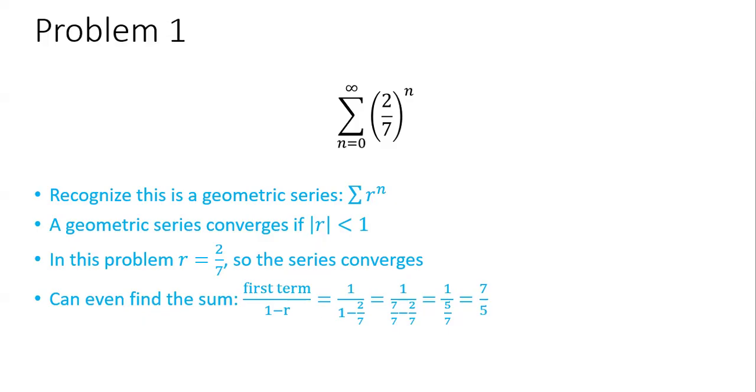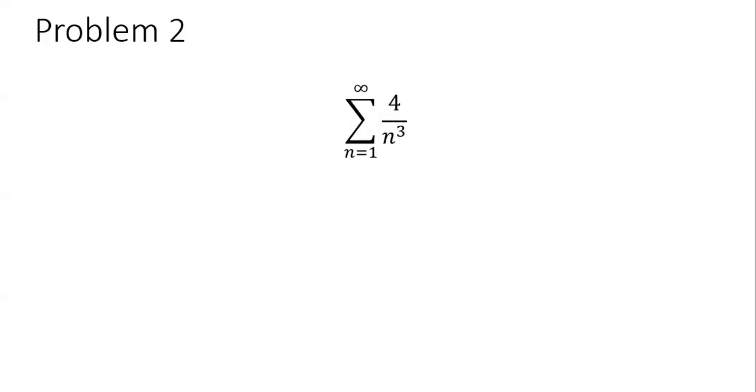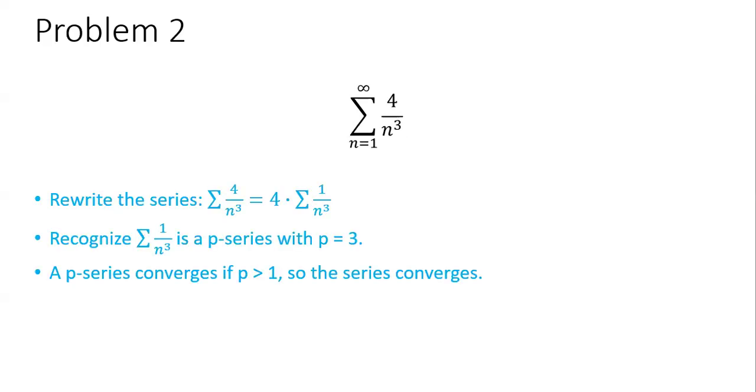Okay. Number two, does this series converge or does this diverge? Summation as n goes from 1 to infinity, 4 over n cubed. Okay, hopefully you tried it yourself. This one's hopefully pretty simple. We can rewrite the series as 4 times the summation of 1 over n cubed.